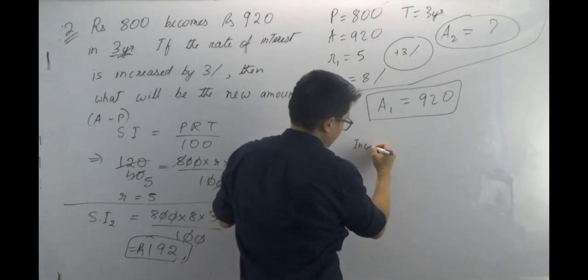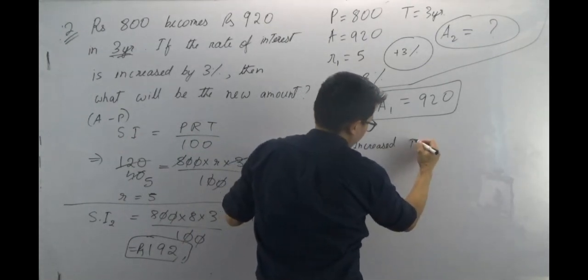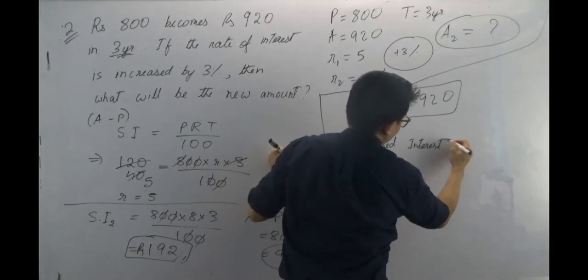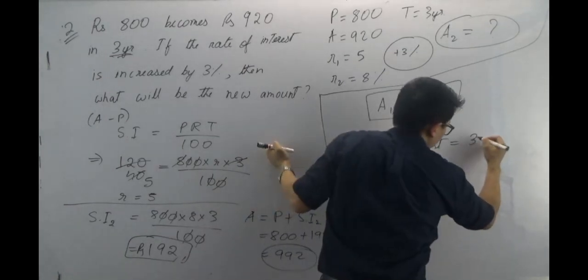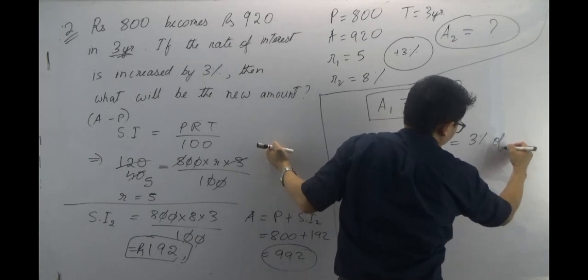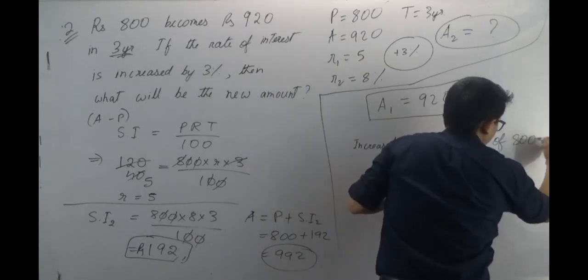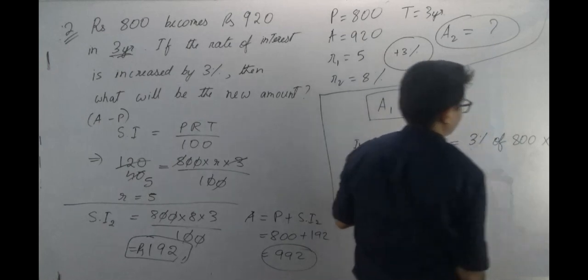So the increased interest is 3% of 800 into 3 years.